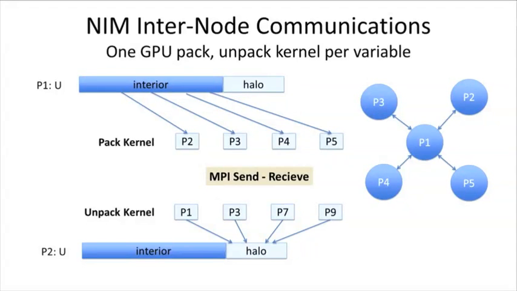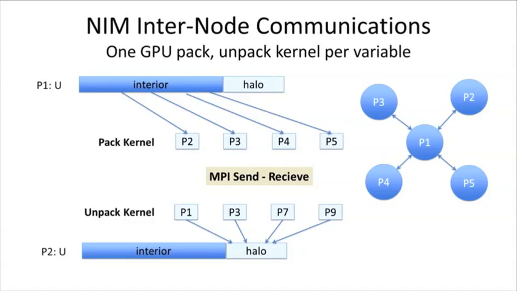The way that works is that if you have a processing element, you see on the right, P1, and it has to communicate with its neighbors 2, 3, 4, and 5, you have to take data from the interior up at the top there and put it into MPI messages ready to communicate to these neighboring processors.